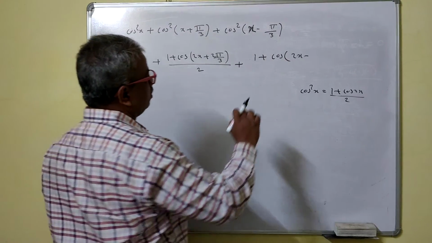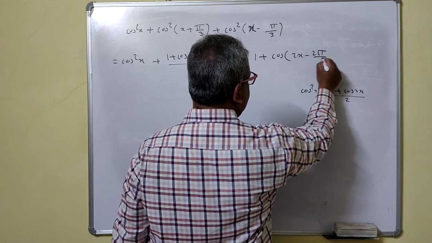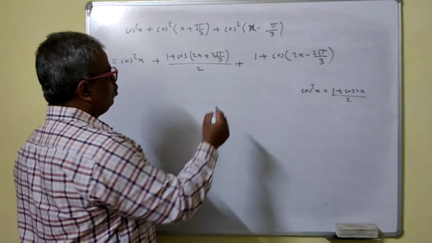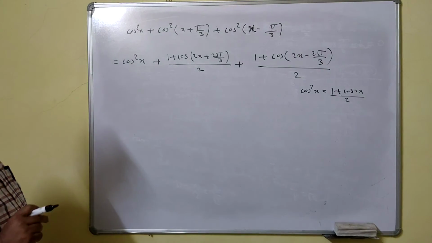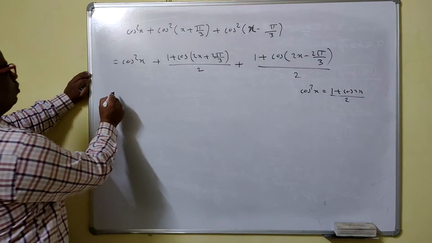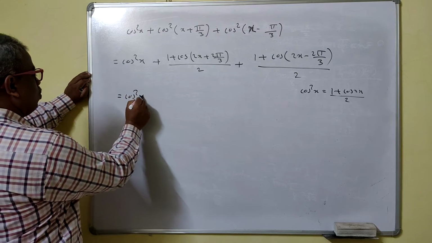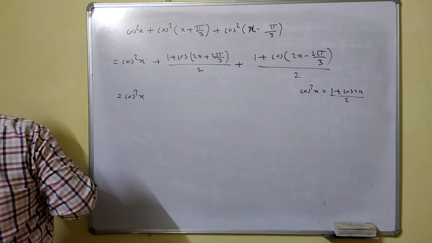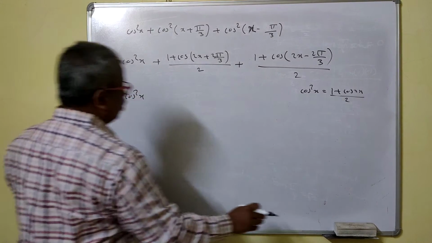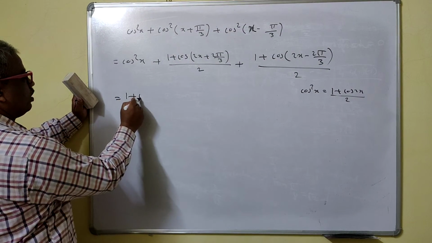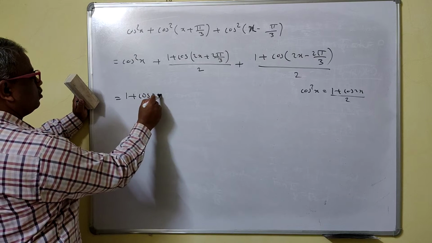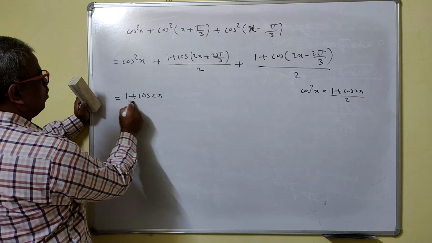Okay, so twice x minus 2 pi by 3 upon 2 now. Now this is cos square x, so for cos square x also we can write 1 plus cos twice x upon 2 now.